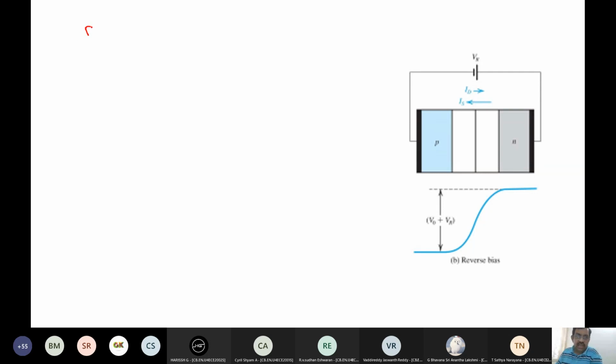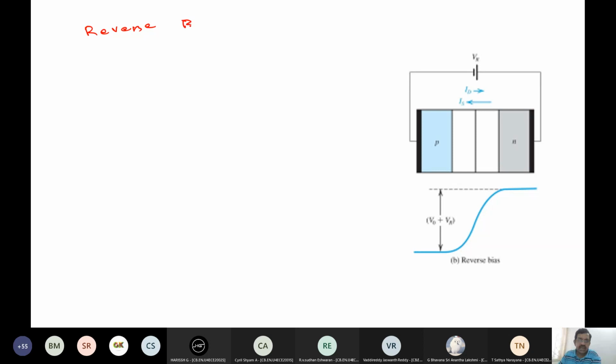In which case we see that the PN junction is under reverse bias. You can easily understand, P and N here correspond to, as an easy way of remembering, P is the positive and N is the negative. Of course, P is not positive. P is a p-type material and N is an n-type material, and if it is connected with the opposite polarity of the source, then we call this reverse bias.